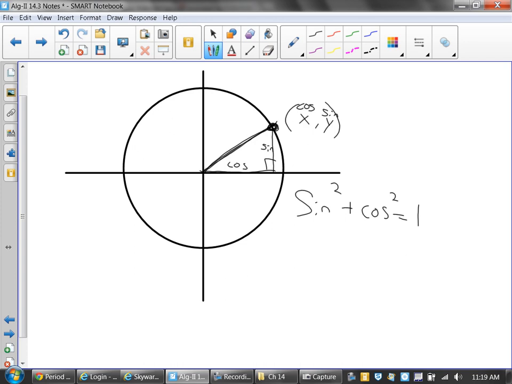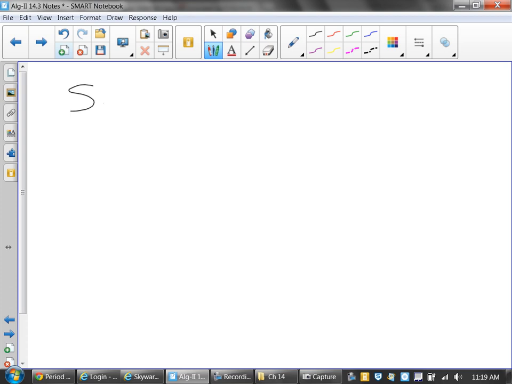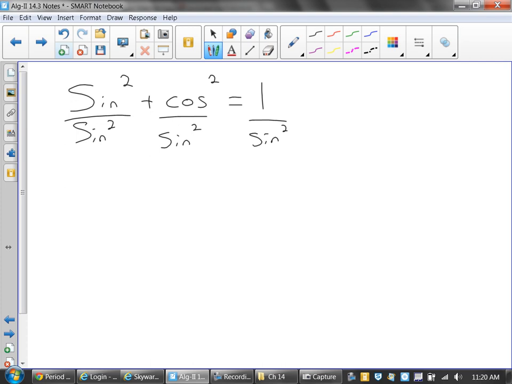The other 2 that come off of this start out, again, as sine squared plus cosine squared equals 1. Whenever you have an equation, if you do something to one side, what do you have to do to the other? Same thing. So if I divide both sides by sine squared, did I keep it balanced by doing it to everything? What's sine squared divided by sine squared? 1. What's cosine squared over sine squared?